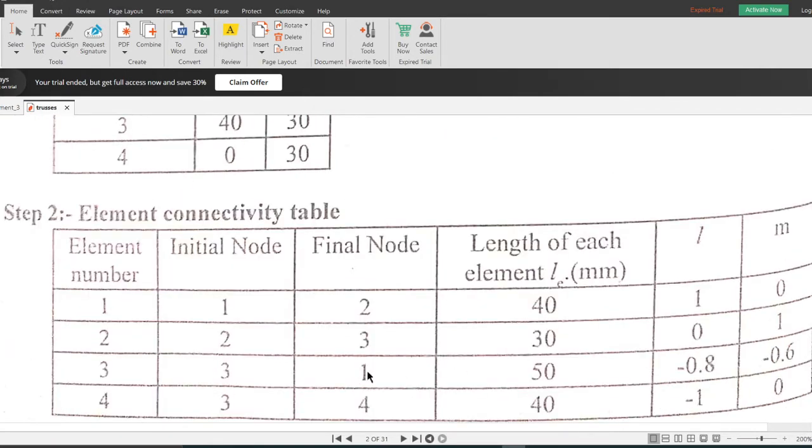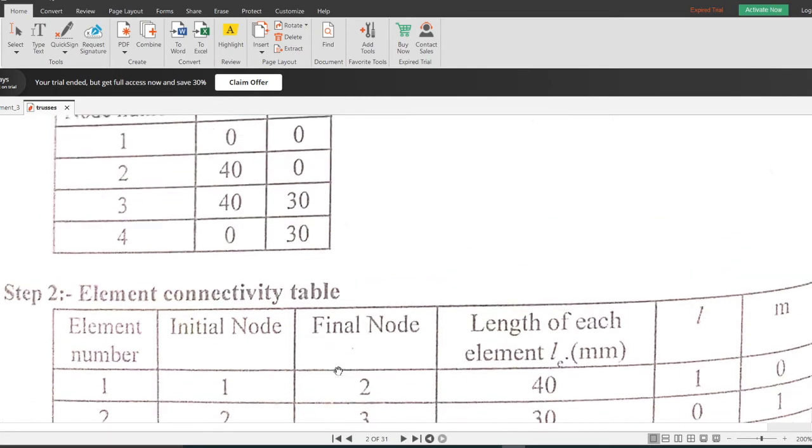Similarly, LE3. The final node is here. Here you should be very careful. Square root of x1 minus x3 whole square plus y1 minus y3 whole square. And check out LE3.